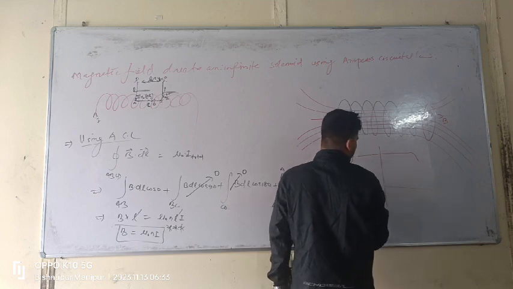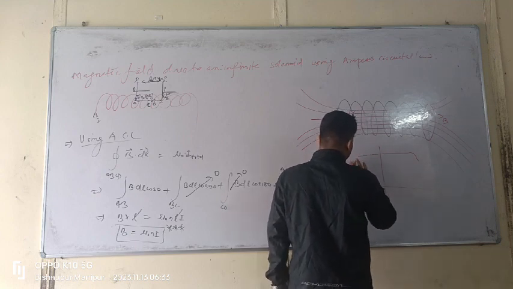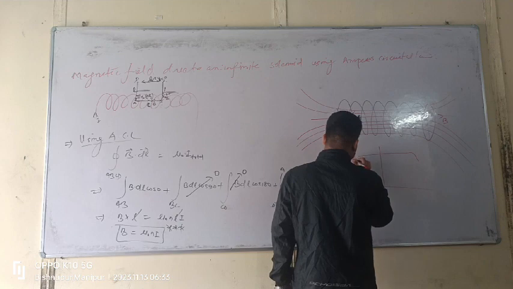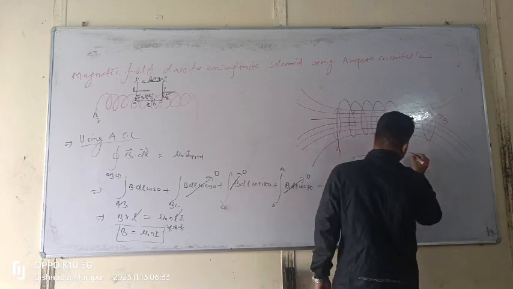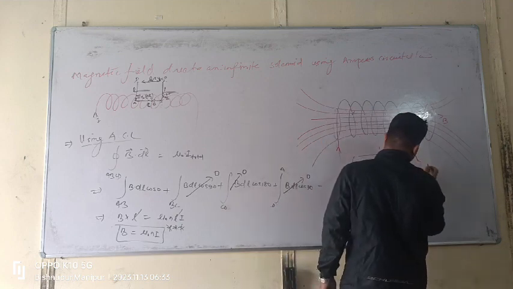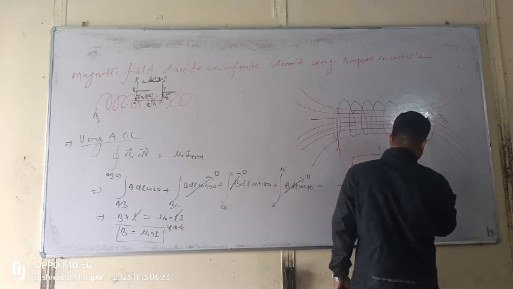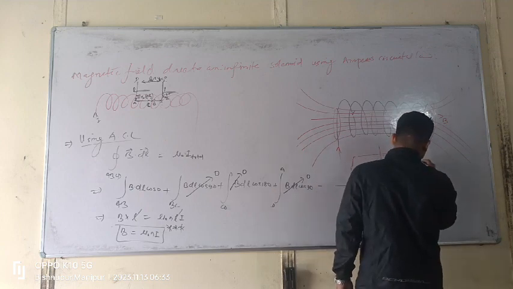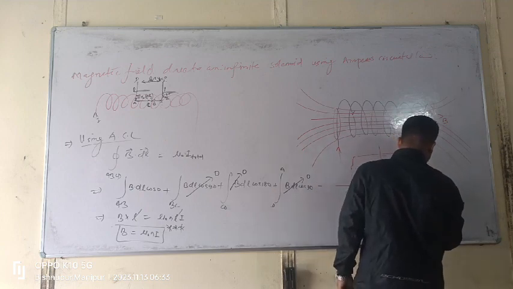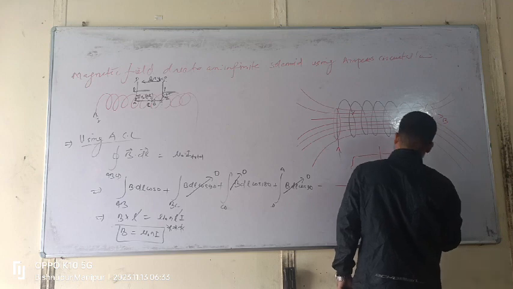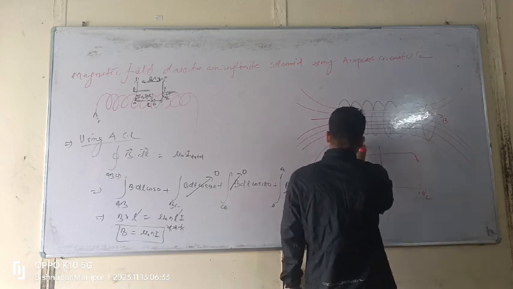Why am I drawing like this? Can you imagine? Where is minus L by 2? Where is plus L by 2? Because the length is L, na?